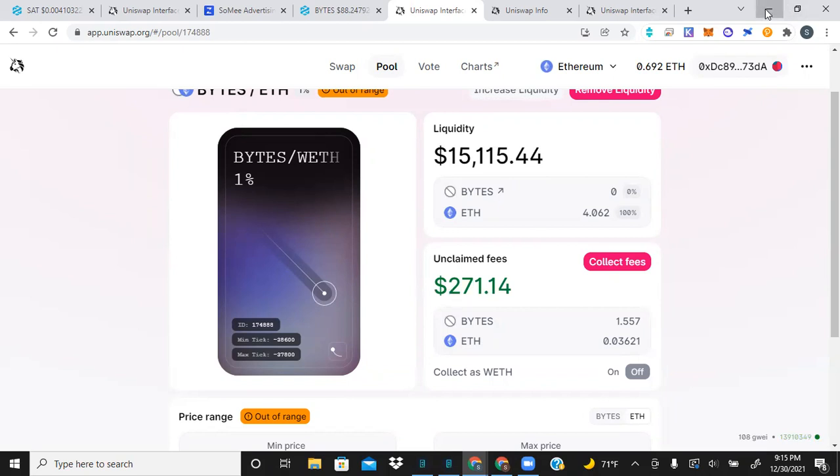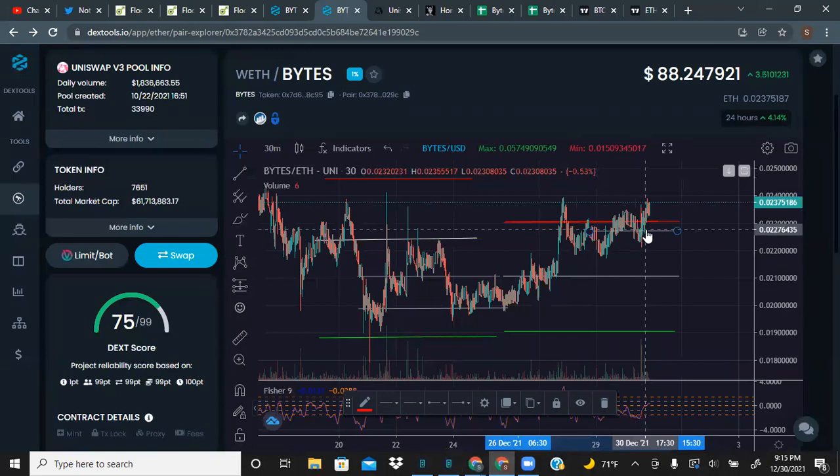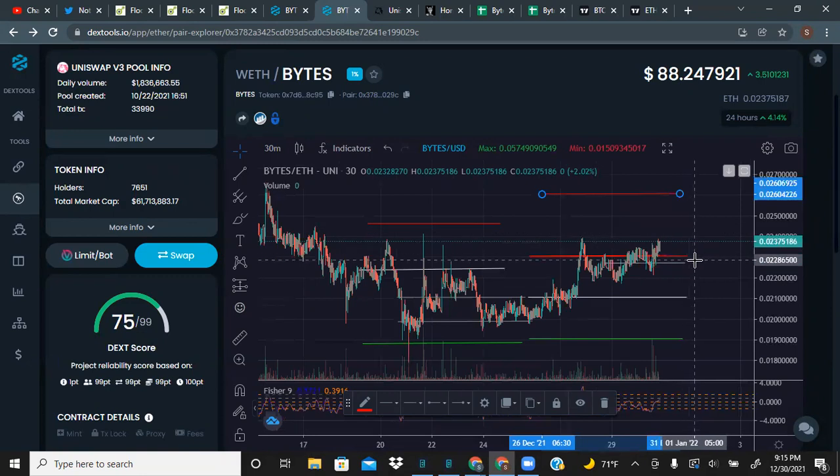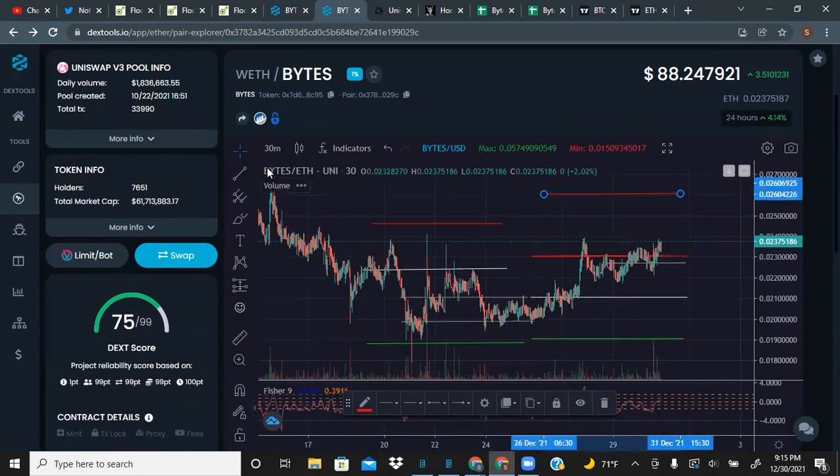I'm going to have to keep an eye on that, and maybe I'll have to change my range in the future. But I don't necessarily want to buy my Bytes up here at $88. I want to buy lower, 84 down to this 80 range. So we'll see if I get lucky. If not, it's okay. If the price keeps going up without me, it's not that big of a deal. We'll definitely keep an eye on that.